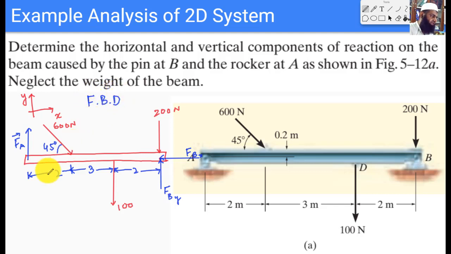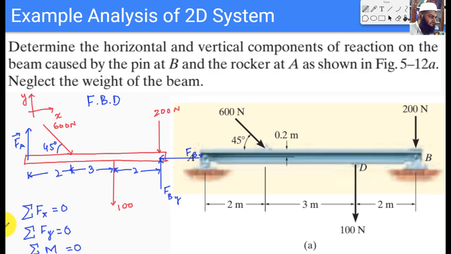The next step again is just to apply the equations of equilibrium, which means sum of all the forces in x are equal to 0, sum of all the forces in y are equal to 0, and sum of all the moments at any point O are equal to 0.